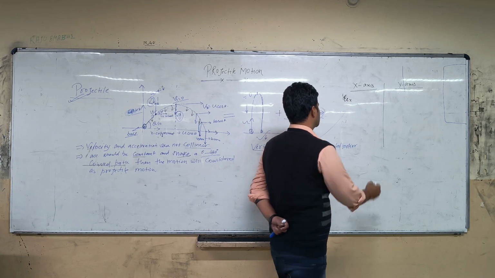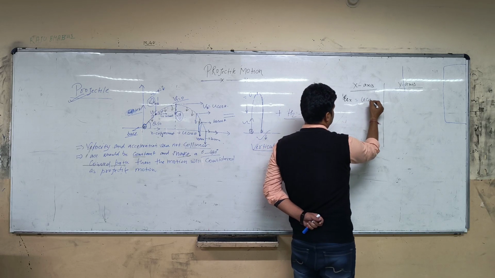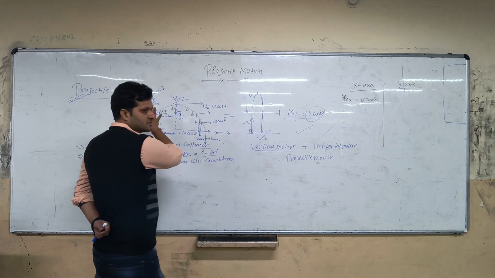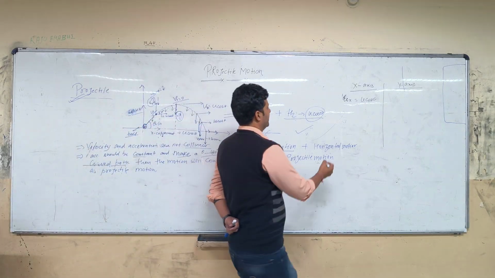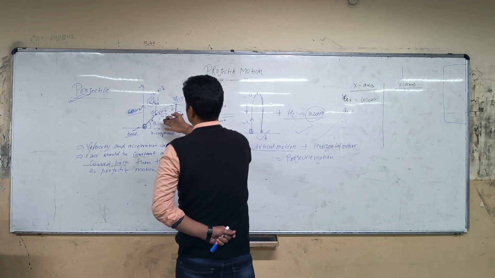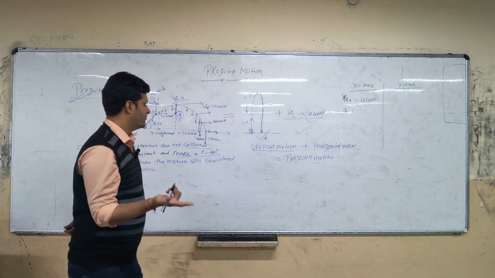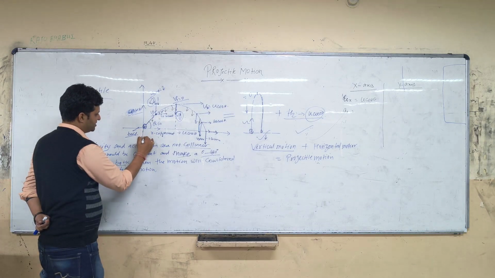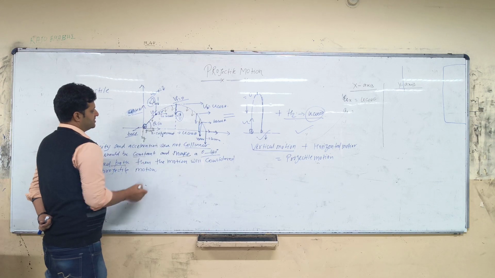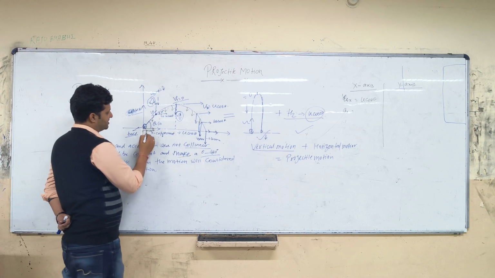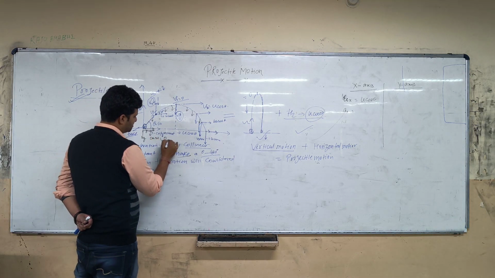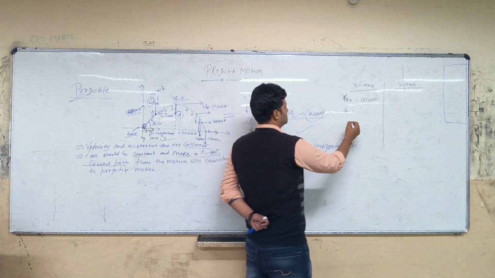That is ux, we will write u cos theta. I am just writing it for projectile motion. Next, ax will remain 0. Why? Because the value of the component becomes g cos theta, and it is perpendicular. So the value of cos 90 is 0. So it becomes 0.